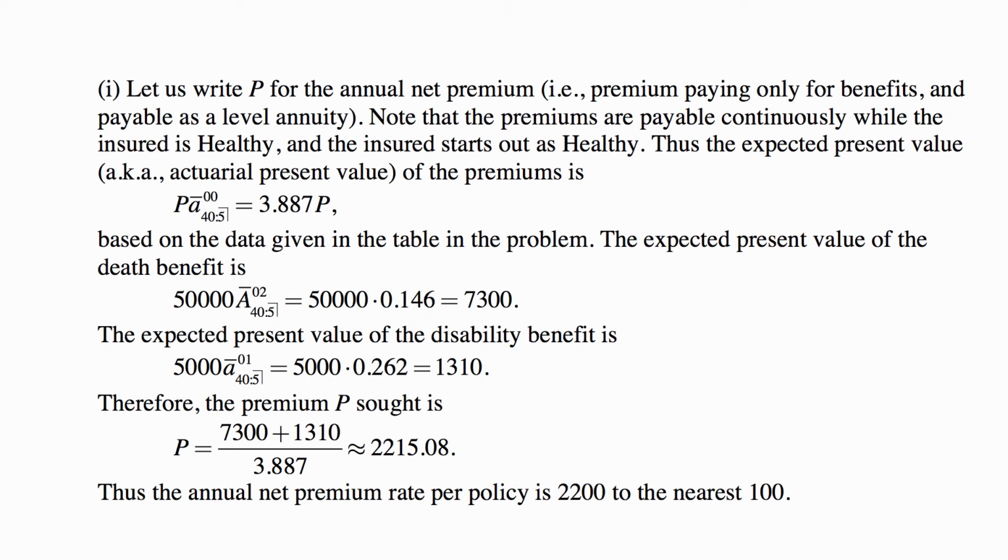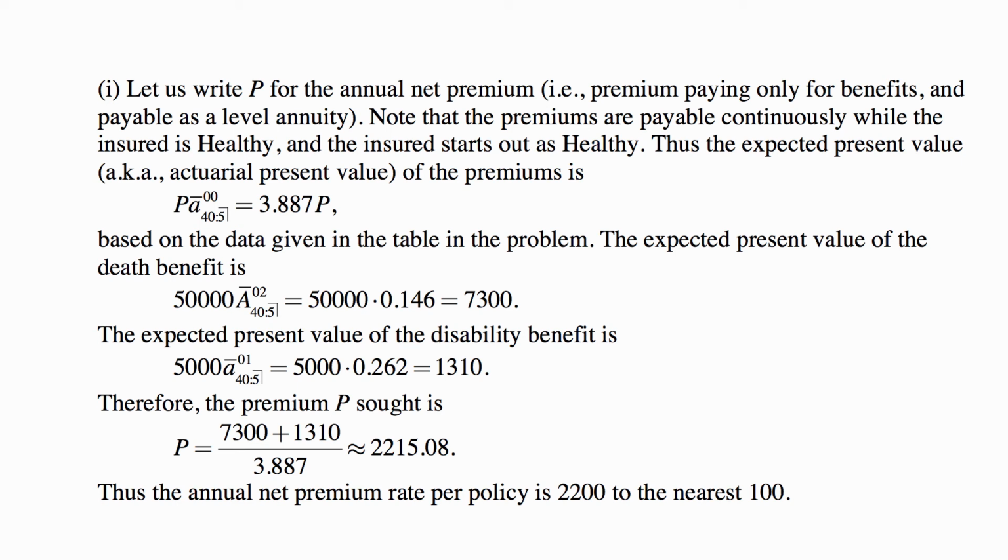That's 40 colon angle 5. And the superscript says the annuity starts in state 0, so when the person is healthy, and is payable while the person is in state 0. Well, that's exactly how the premium is paid.